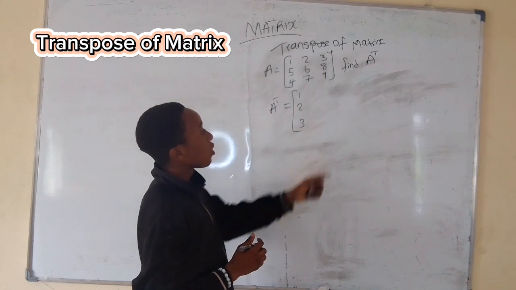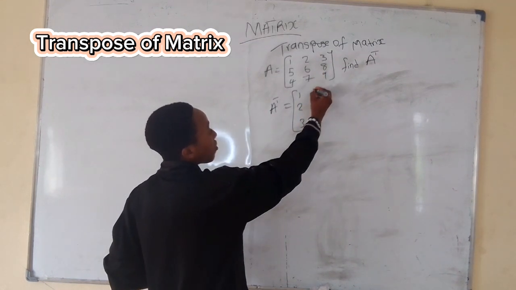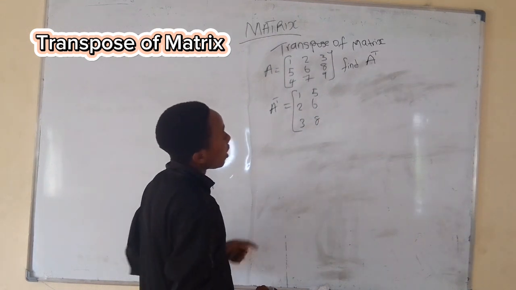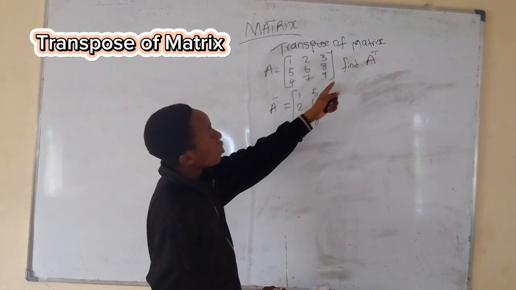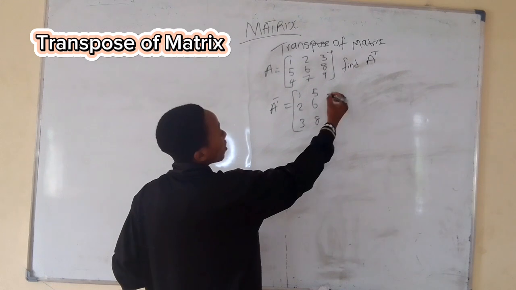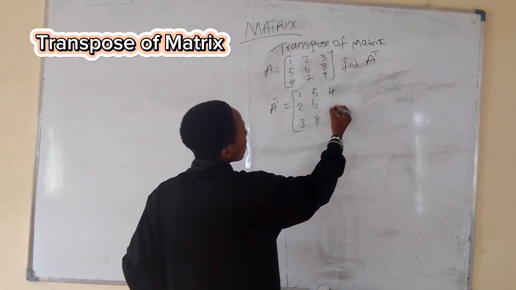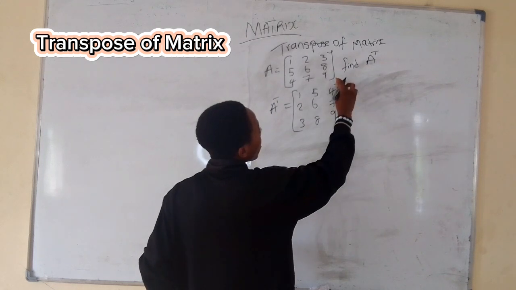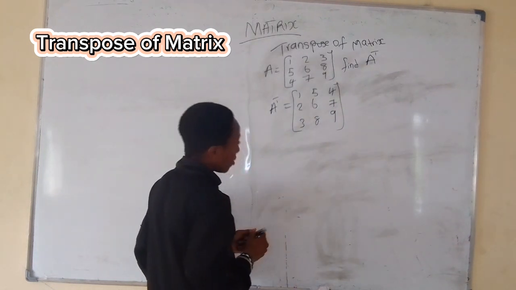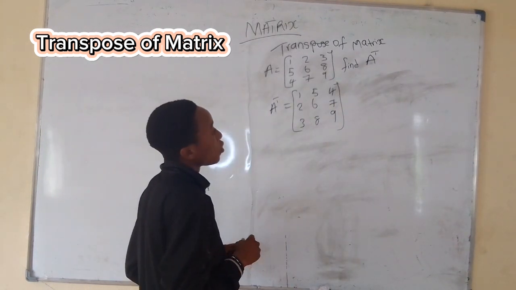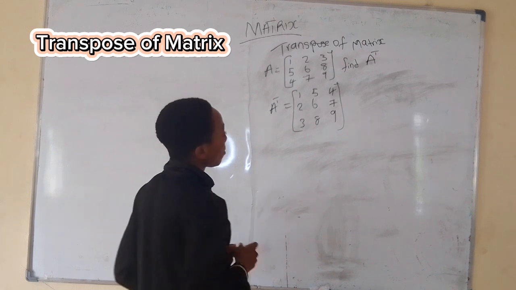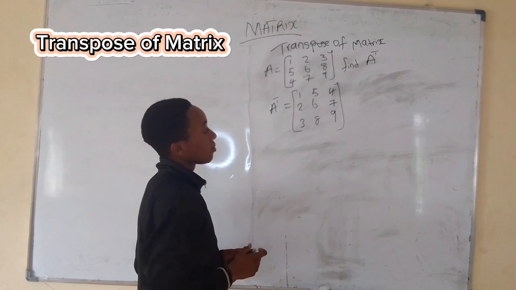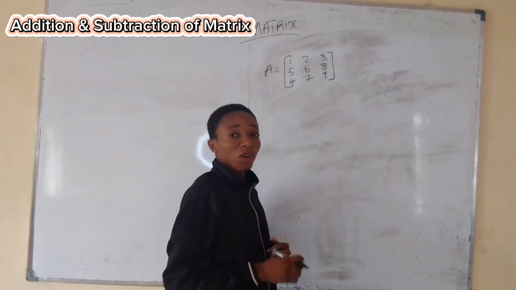We change it into our second column. We have 5, 6, 8. Now our third row, we turn it into our third column, which is 4, 7, 9. So that's it. This is how you find the transpose of a matrix. You just change your rows into columns. Okay, so that will be all for transpose.